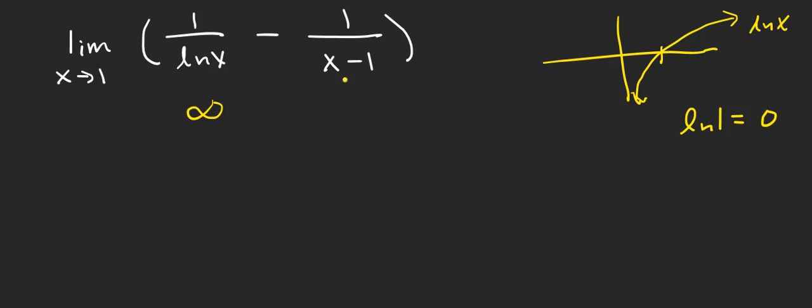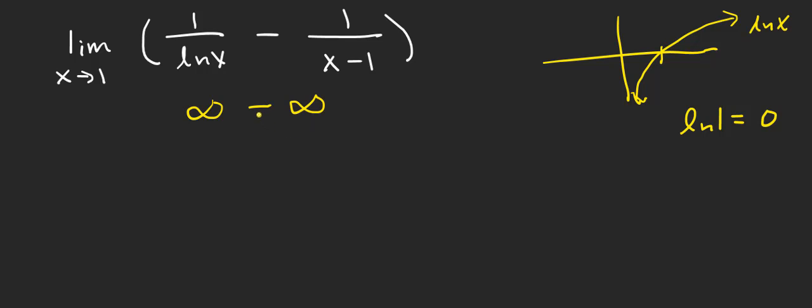What about this one? As you approach 1, remember approaching 1, not exactly 1. Again, the denominator approaches 0. So this is again 1 over a number very, very close to 0, which means this thing is going to infinity as well. So this is like infinity minus infinity. And this is indeterminate.